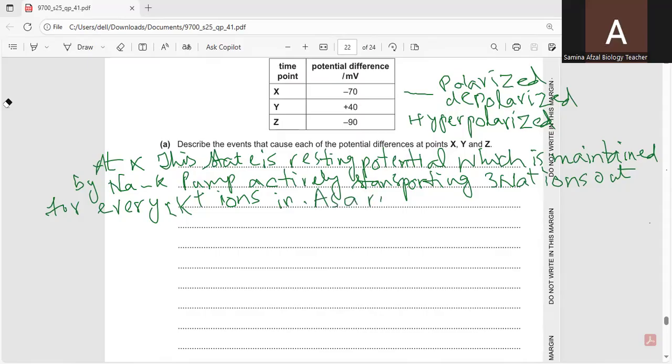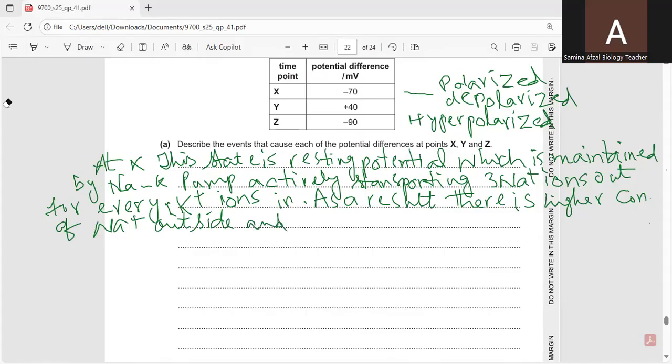As a result, there is high concentration of sodium outside and potassium ions inside, leading to negative potential inside relative to the outside.